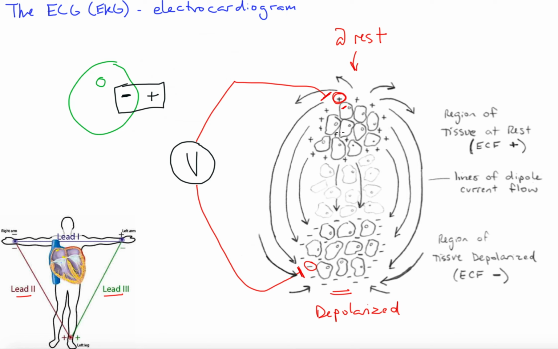So what that means is we have what is called a dipole. We have a separation of charge, where it's positively charged here and negatively charged here, and our voltage would not be zero. If this whole chunk of tissue were at rest, it would all be positive on the outside, these would all be pluses, and our voltmeter would read 0.